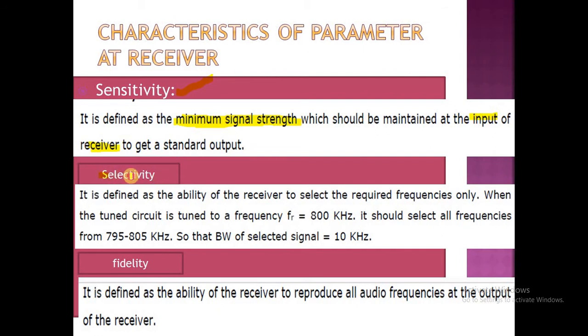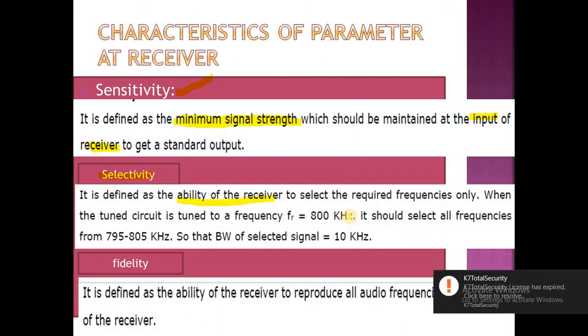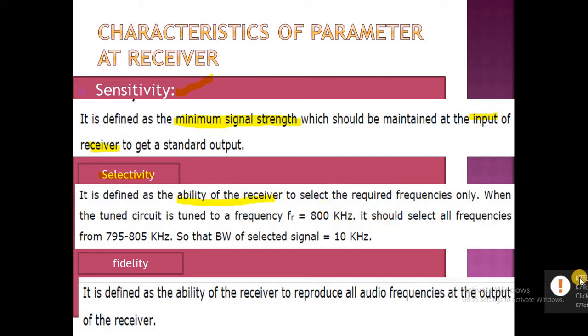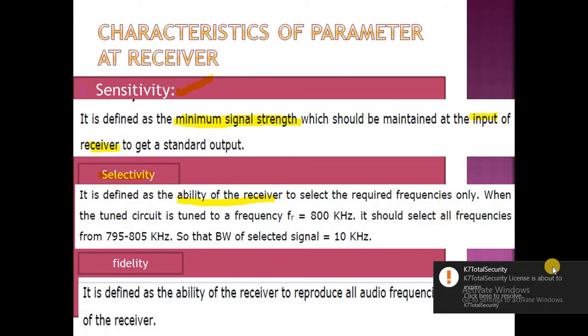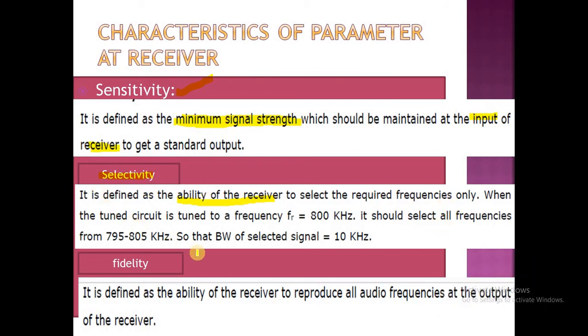And next one, selectivity. What is selectivity? It is defined as the ability of the receiver to select the required frequencies only. When the tuned circuit is tuned to a particular frequency, say the particular frequency is 800 kilohertz, it should select all frequencies from 795 to 805 kilohertz.